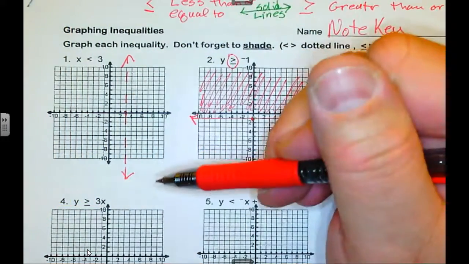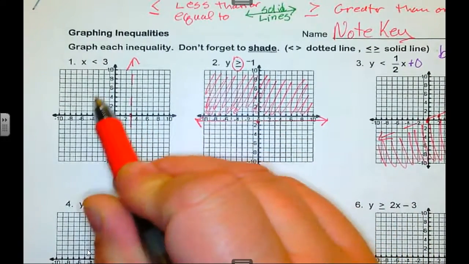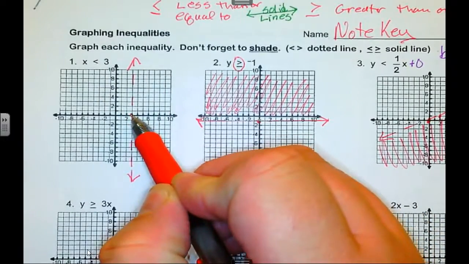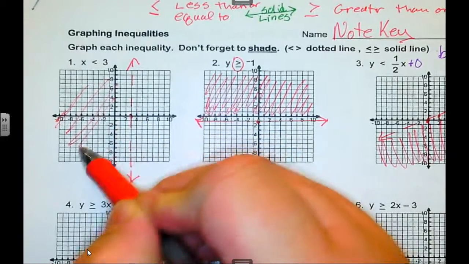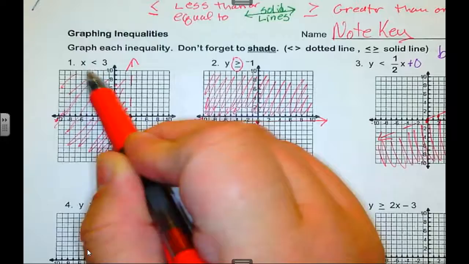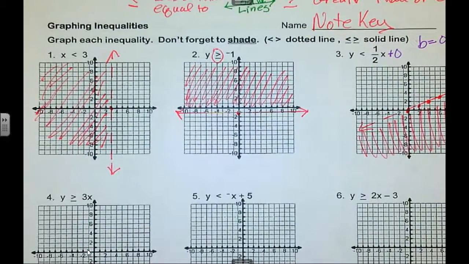And I want all of those less than 3. You're going to have to think about this one instead of just above or below because it's vertical. Here's 3. I want all of those less than 3. So I want all of these values less than 3. Easy peasy, right?